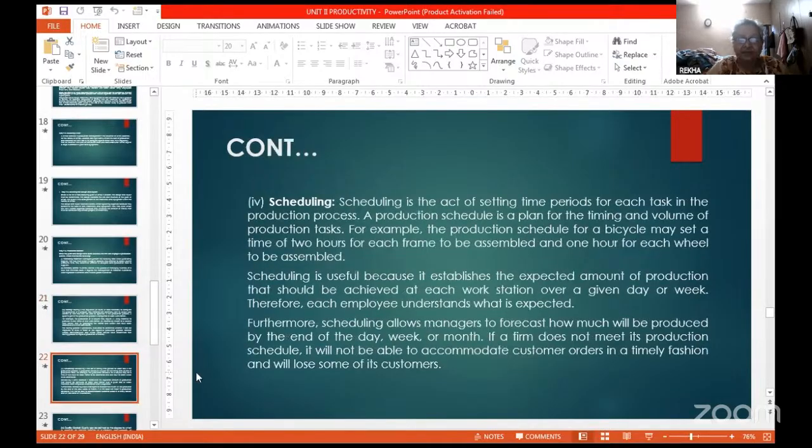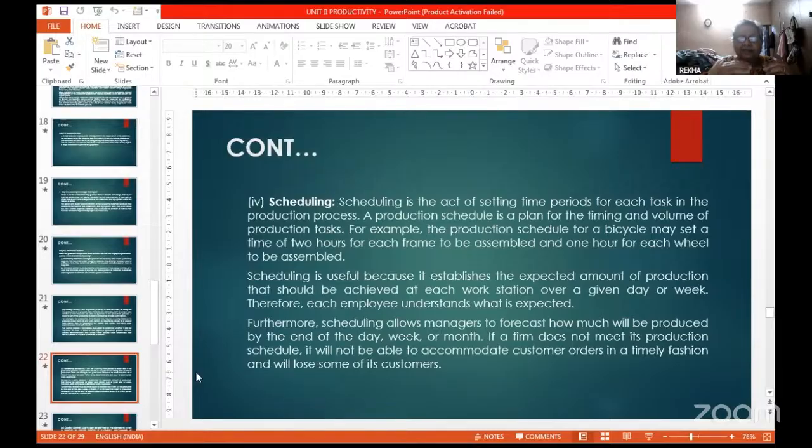Then scheduling. Scheduling is the act of setting time periods for each task. Just for example, when we are talking about a bicycle, how many days it will require to make the main frame of the bicycle.